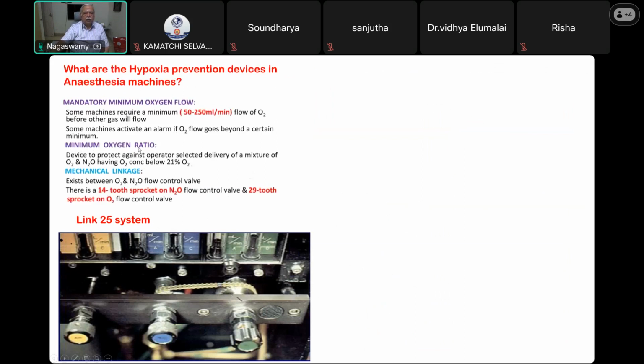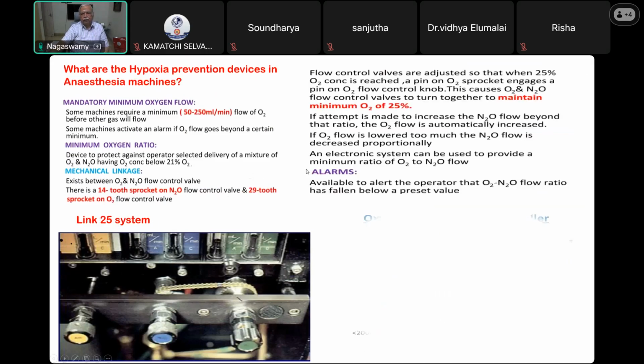Then minimum oxygen ratio will be maintained, and a mechanical linkage like the Link 25 system, where there is a 14 tooth sprocket on nitrous oxide and a 29 tooth sprocket on oxygen. So the flow control will always be applying 25%. Remember these three names which prevent hypoxia: minimum mandatory oxygen flow, minimum oxygen ratio, and Link 25 system.